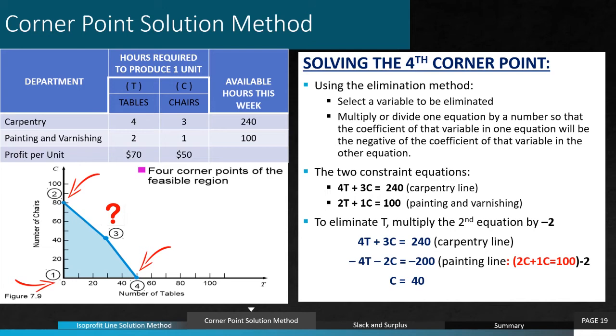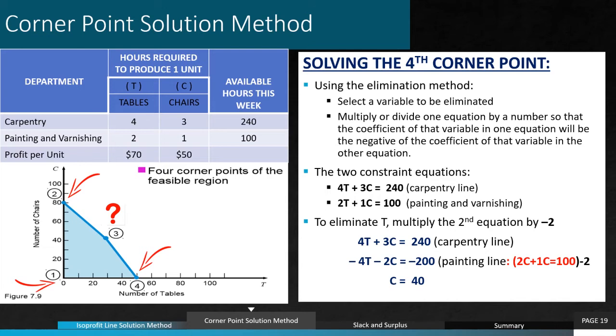To begin, we select a variable to be eliminated. Given the two constraint equations, 4t plus 3c equals 240 and 2t plus 1c equals 100, we can select to eliminate t. To eliminate t, we will multiply the second equation by -2.